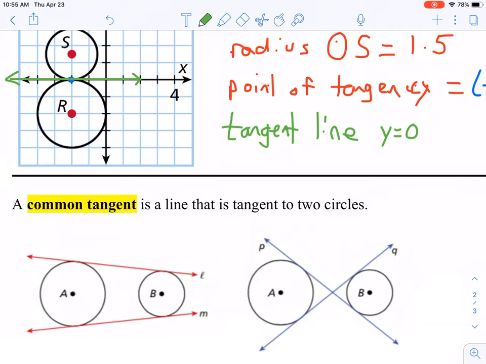Moving on to the definition of common tangents. A common tangent is a line that is tangent to two circles. We have examples here of common tangents.